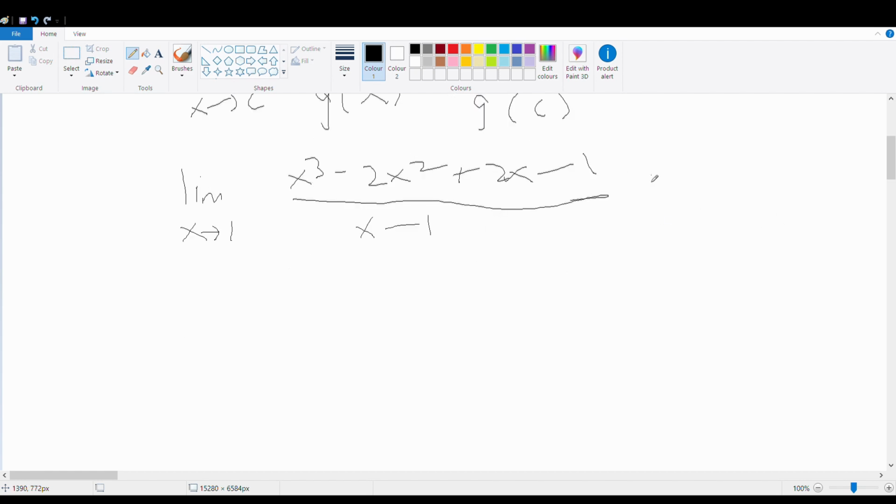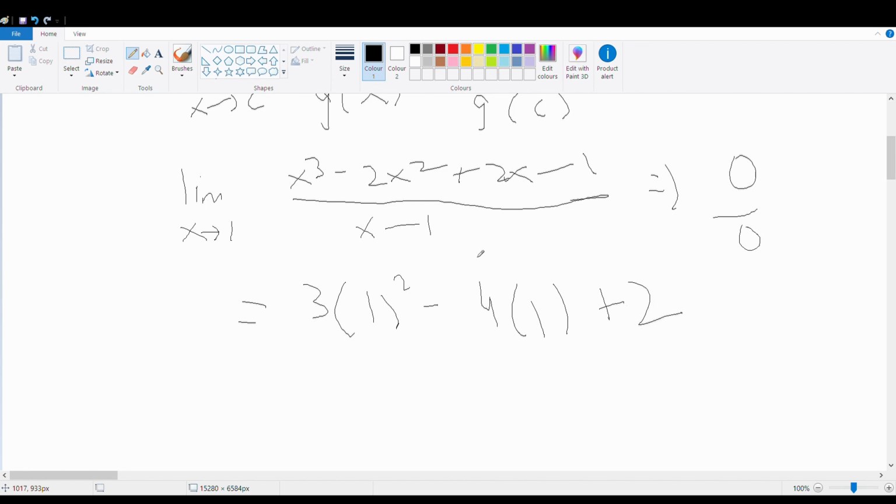But since this is of the form 0 by 0 when you try to evaluate the limit, you can take the derivative of the numerator and the denominator. So this limit is nothing but 3x square, substituting x equals 1, minus 4 into 1 plus 2.